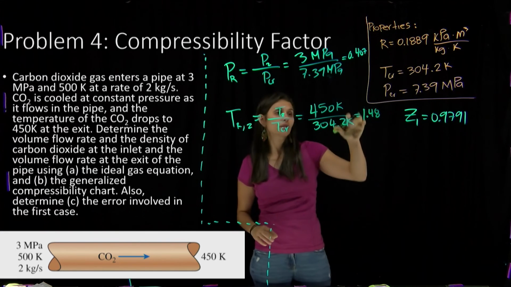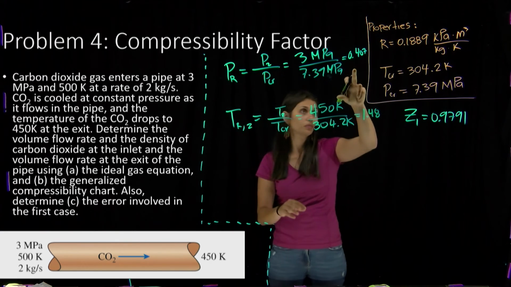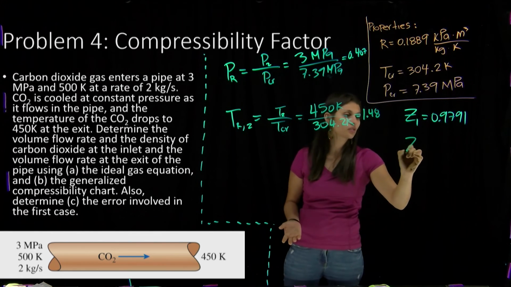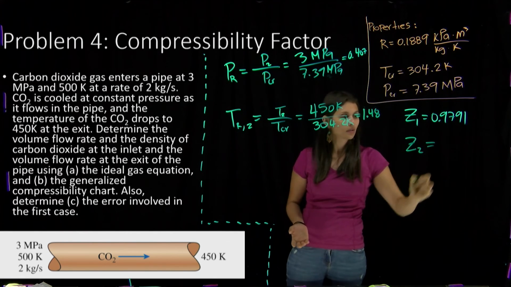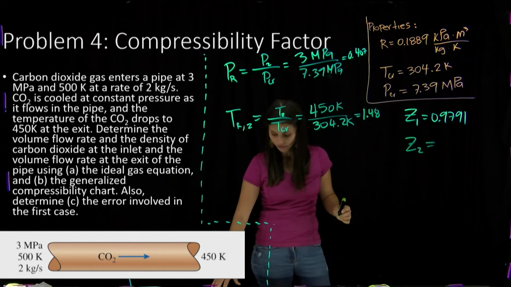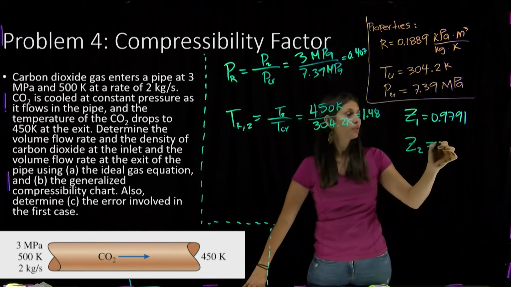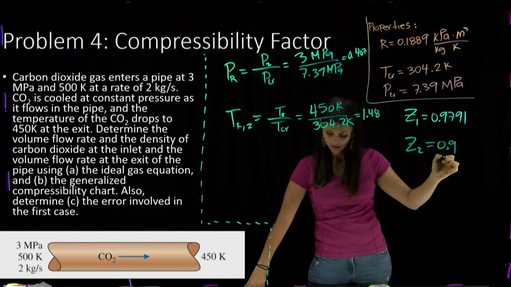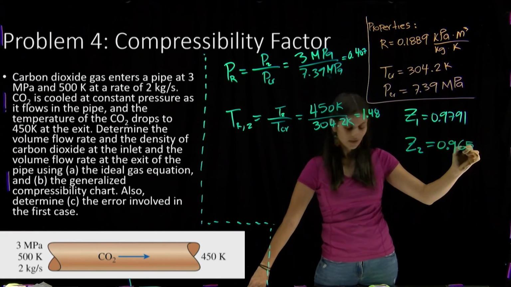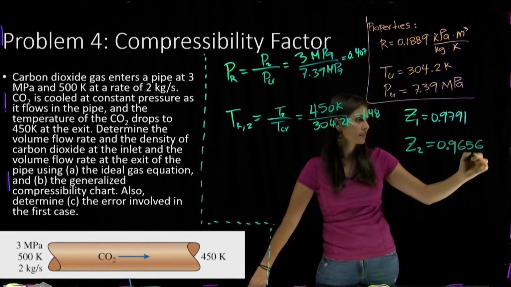And so using these two ratios, we just look at the chart to determine what's the compressibility factor for the outlet conditions. And in this case, it will be 0.9656.